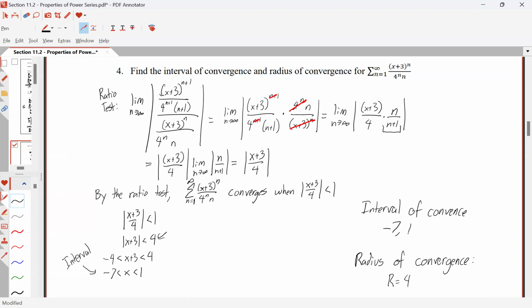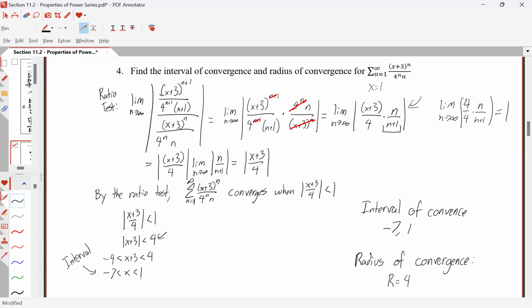The reason we're not completely done is because if I took -7 or I took 1 and plugged that into this limit here, say I plugged x equals 1 in, then I would get the limit as n goes to infinity of 4 over 4 times n over n plus 1, which is 1.